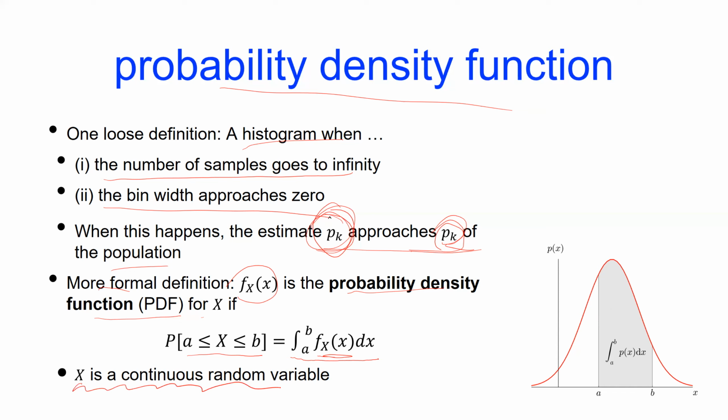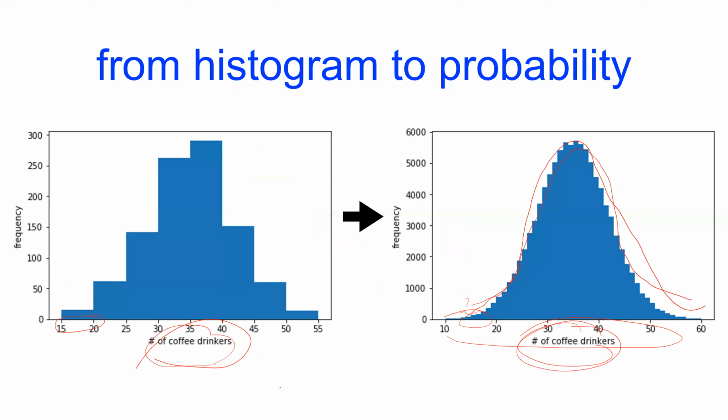Okay. So now, remember where we start. We start by saying, okay, we measure a histogram, and this histogram approaches a probability density function, right? If we come back to this slide, let's think about an infinite sample size, with bin width approaching 0, we get the approximated density function.